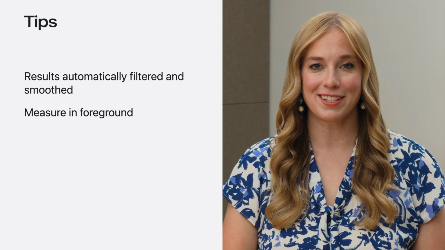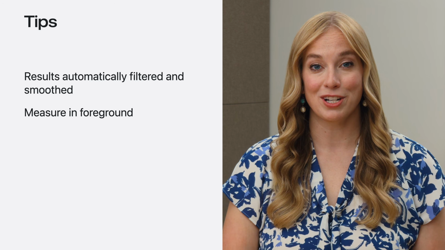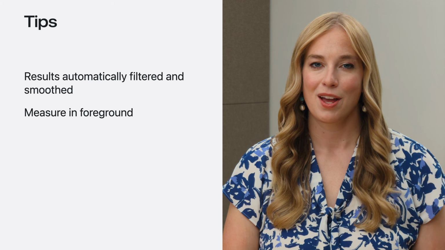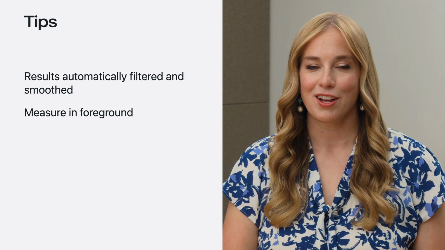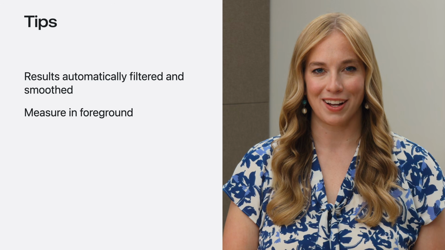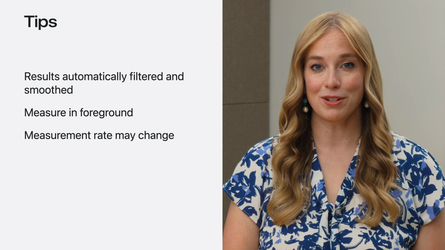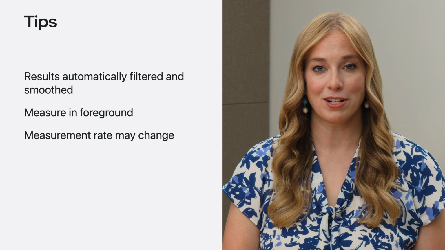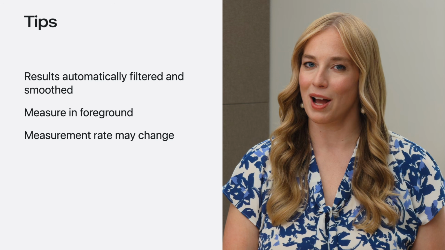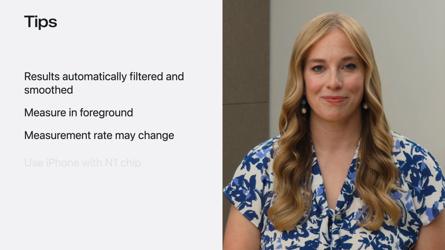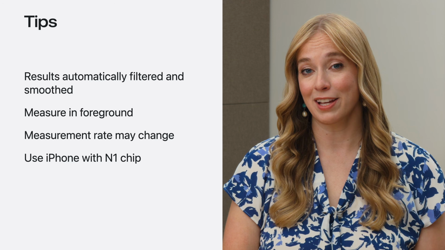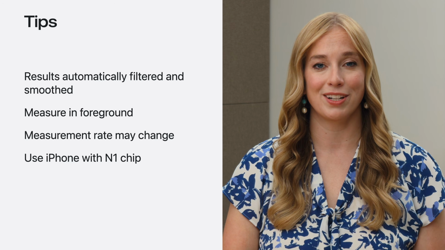In iOS 27, use channel sounding when your app is in the foreground. When your app moves to the background, your channel sounding session will be paused. Also be aware that iOS may reduce the frequency of channel sounding measurements if other Bluetooth or Wi-Fi activity increases. Channel sounding is available on iPhones with the N1 chip.